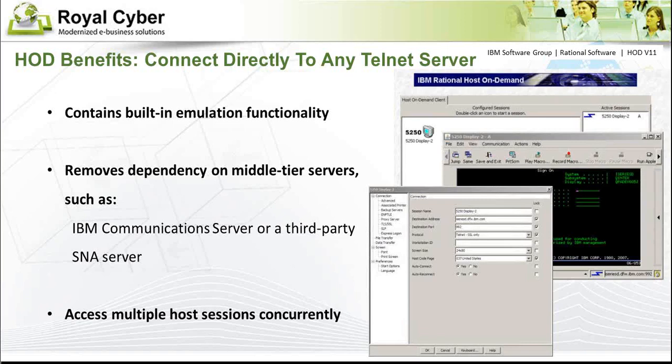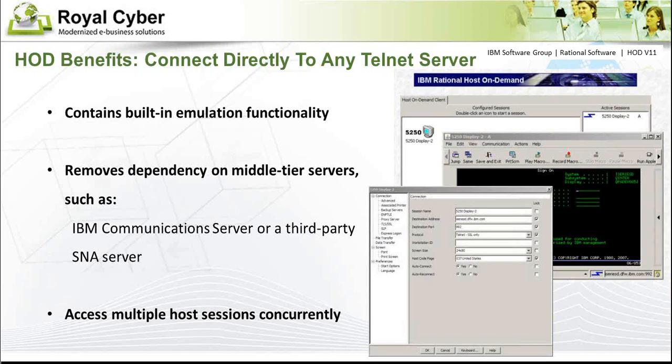With Host on Demand, the client applet contains the emulation functionality, with the emulator residing on the client. The middle tier servers, such as IBM Communication Server or third-party Systems Network Architecture (SNA) servers, can be eliminated. Any performance and security issues introduced with this intermediary piece can be easily removed.